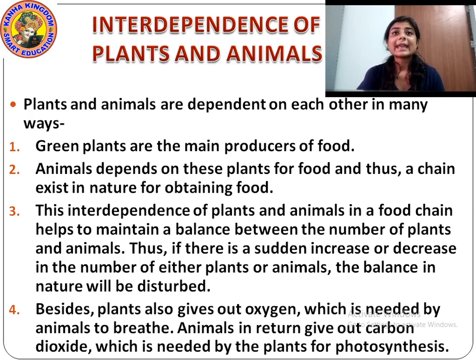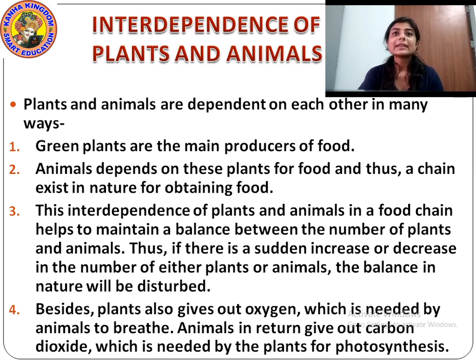Animals depend on these plants for food, and thus a chain exists in nature for obtaining food. The food that is prepared by the plants is eaten by us and animals. Yes or no? This forms a chain in nature.